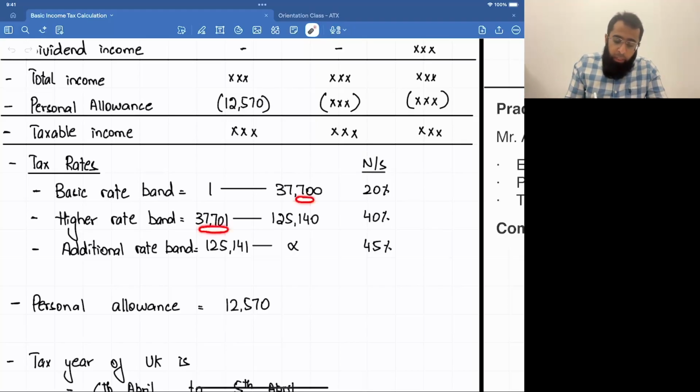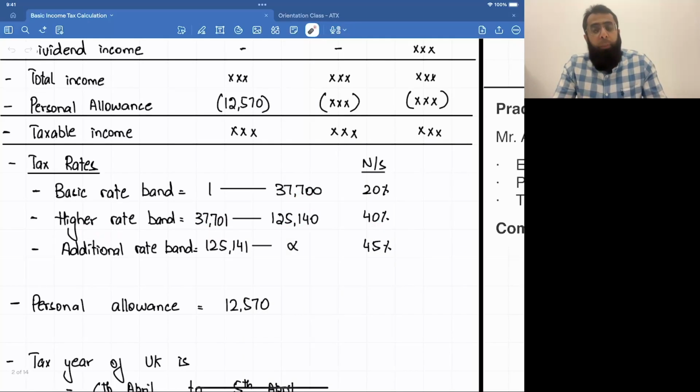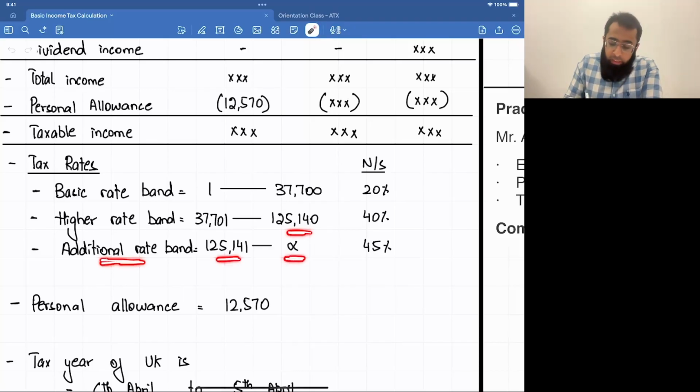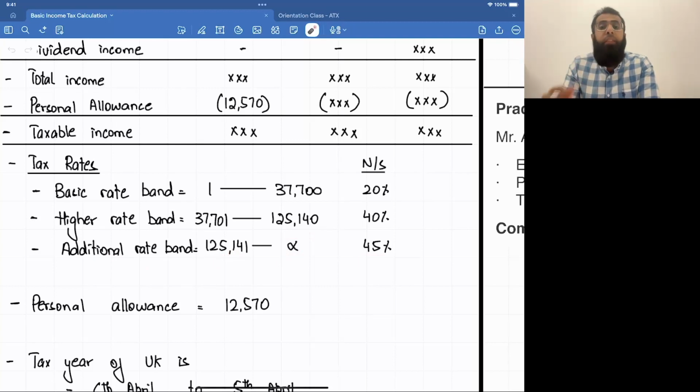From 37,701 to 125,140, which we call the higher rate band, the rate of tax is 40%. For example, if you have taxable income of 50,000, the first 37,700 is at 20% and then the excess goes at 40%. After 125,140, it's the additional rate band and the rate of tax increases to 45%.